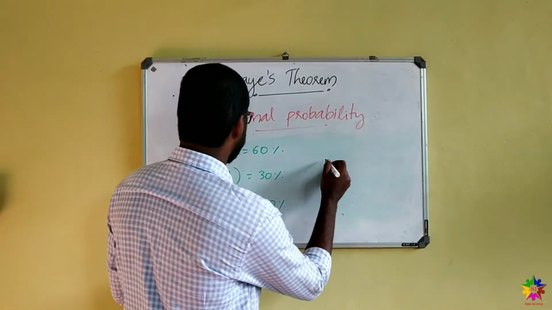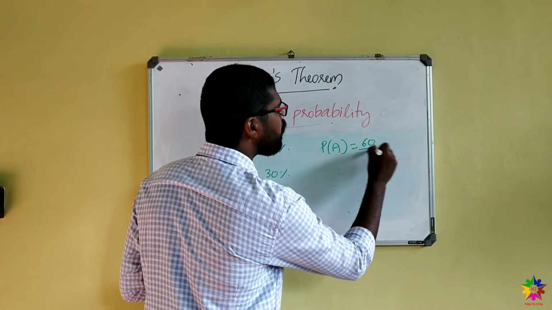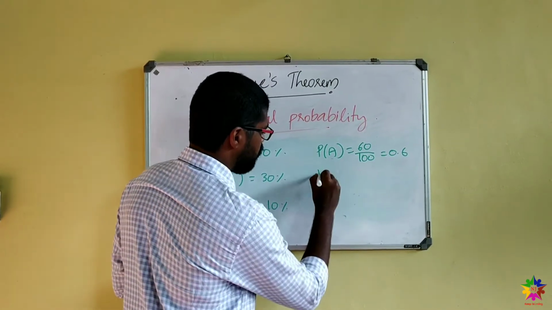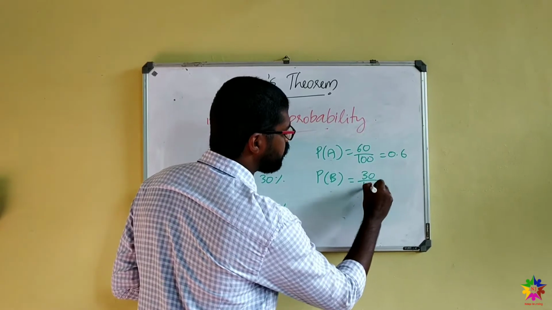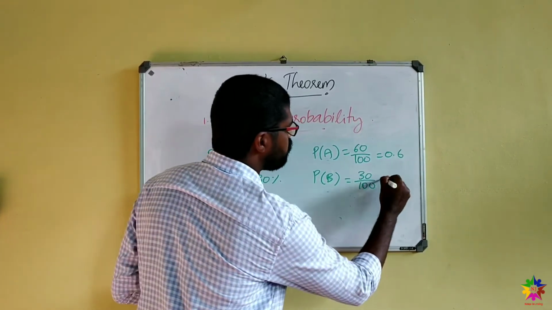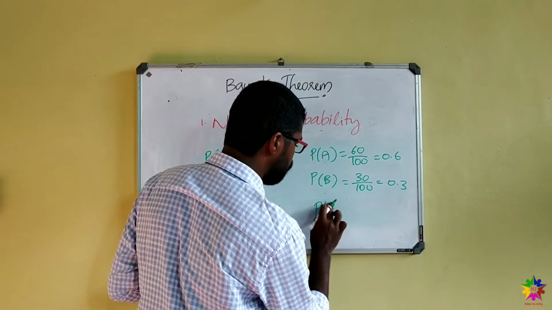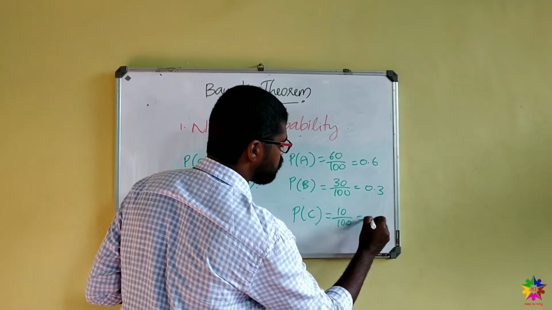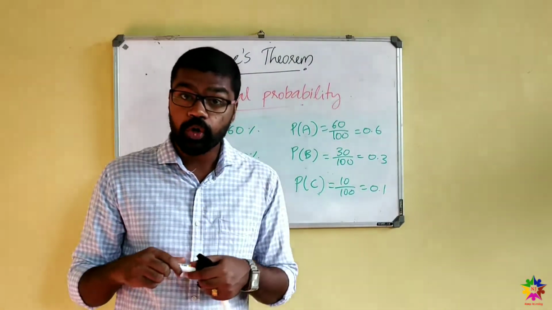It means that probability of A is equal to 60 by 100, which is 0.6, and probability of B is equal to 30 by 100. It is in percentage, so we have to convert it: 0.3. And probability of C is equal to 10 by 100, which is 0.1. So this is the case of normal probability.